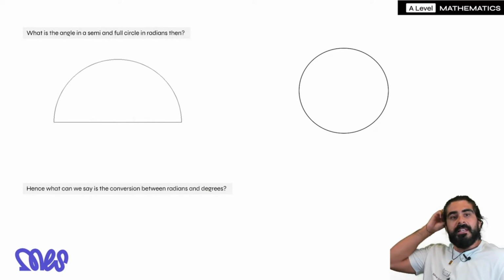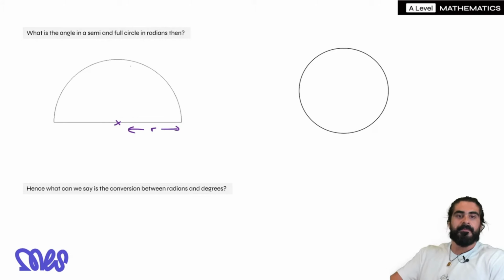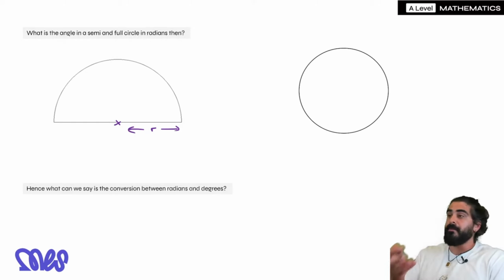So what is the angle in a semicircle and full circle in radians then? Well, in a circle with general radius r, we know the circumference is 2 pi r. So in a semicircle, it will be pi r.